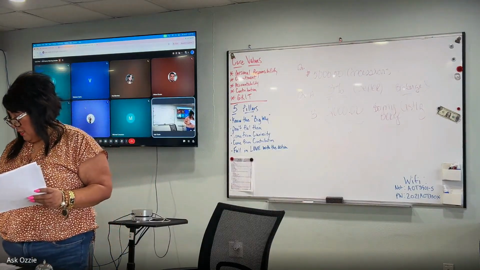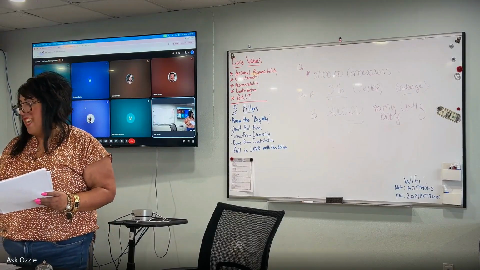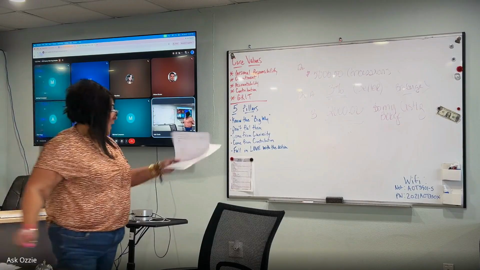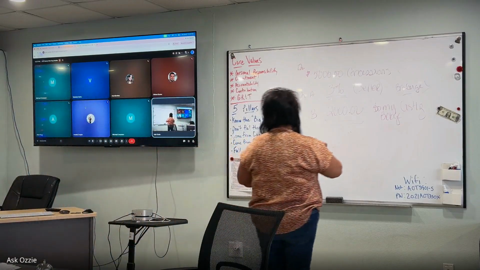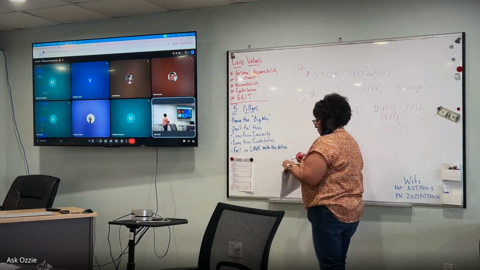And then 12B1 and 2. I get that. This is 12B. This is number 1. This is number 2.